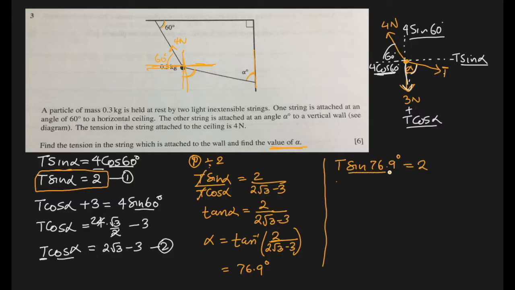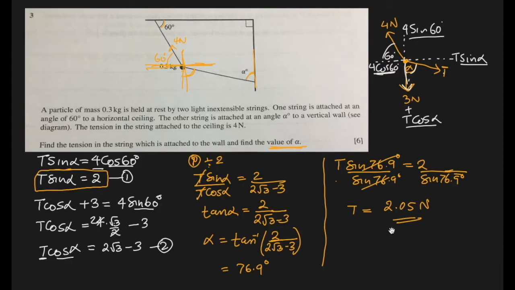So divide both sides by sin 76.9 degrees, so that this cancels here. T is equal to 2 divided by sin 76.9, which is 2.05 Newton. We got tension as well as the angle.